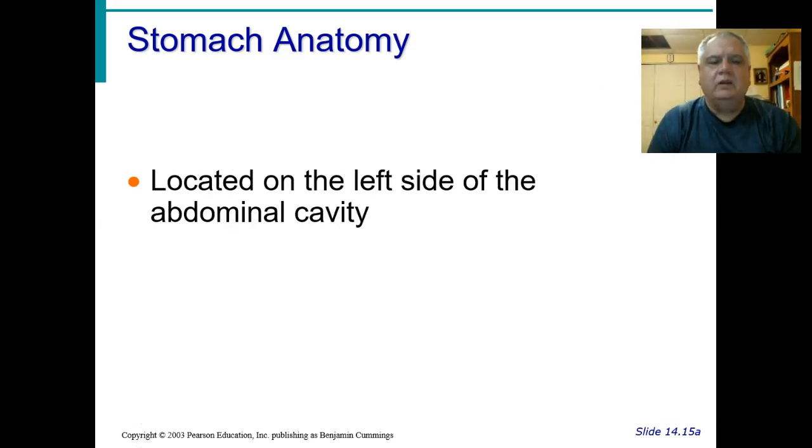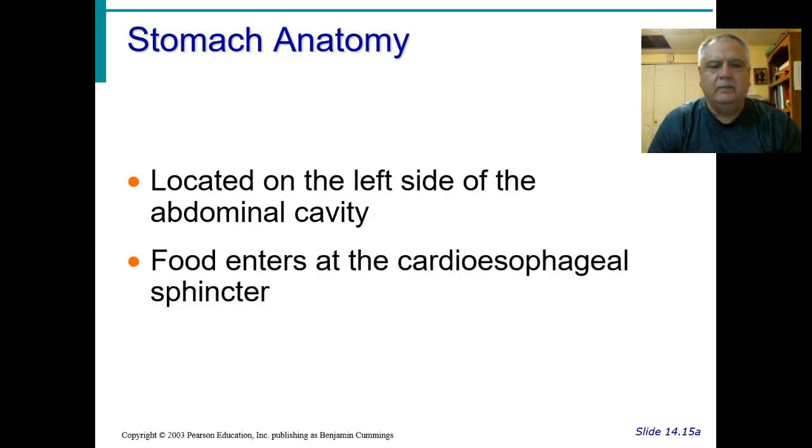The stomach is located on the left side of the abdominopelvic, or the abdominal cavity, I should say. Food is going to enter the stomach at a sphincter. A sphincter is a circular piece of muscle tissue that acts as a valve. So whenever we swallow the food, it's going to pass down from the pharynx into the esophagus, and eventually it's going to arrive at the top of the stomach.